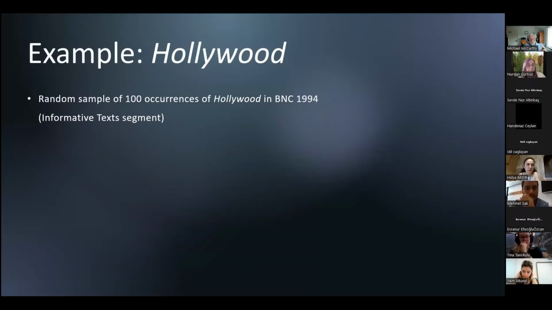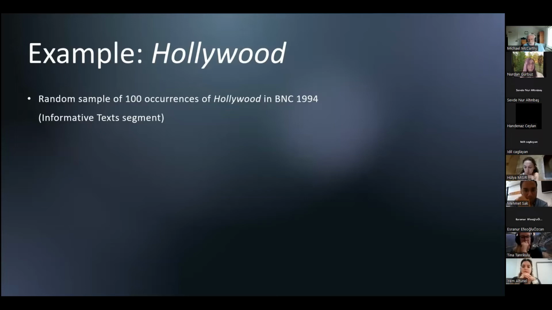And I chose a sub-corpus, a collection of what are labeled informative texts. Now, I did this deliberately because I did not want to choose literary texts. I wanted texts from the corpus which were information texts. So these are texts from newspapers and books and various other things. They are not from literature.